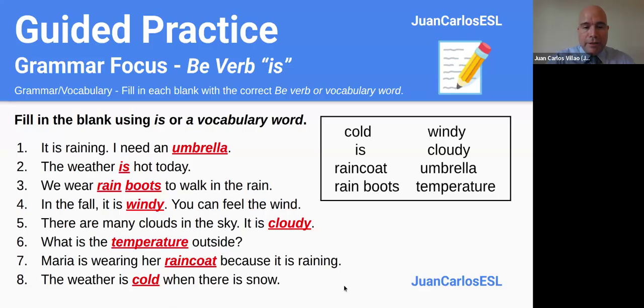Okay, so now that we completed the guided practice exercise, we're going to go back to the beginning and read each sentence out loud. So let's all go back to number 1 and just follow me, and we'll read each sentence together. It is raining. I need an umbrella.